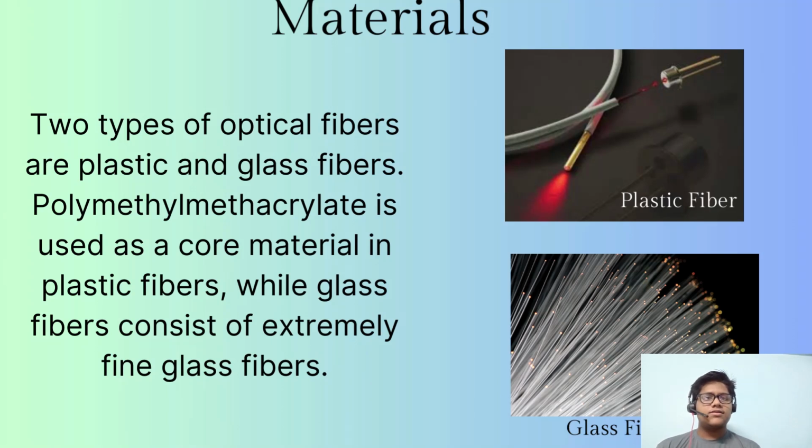Glass optical fibers are typically made of silica and offer excellent transparency and low signal losses, whereas plastic optical fibers are mainly made of polymers, which provide better performance in terms of bandwidth and temperature resistance.